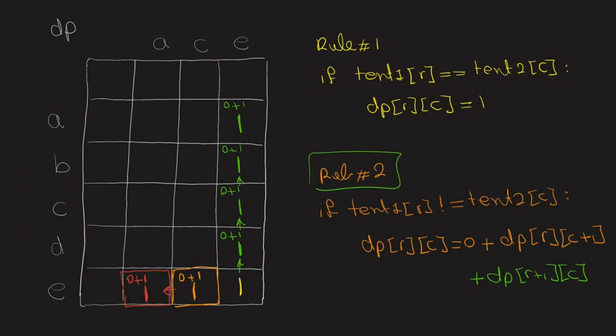Okay, now let's consider this cell here. We are comparing DE with CE. Okay, C doesn't match D, so we put 0 plus. Now I have two options. I can come and consider this cell. So for this cell, if I consider that from the right side, it means that I'm considering an option that E is matching to DE.